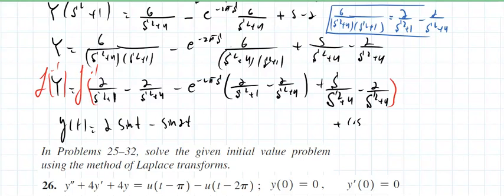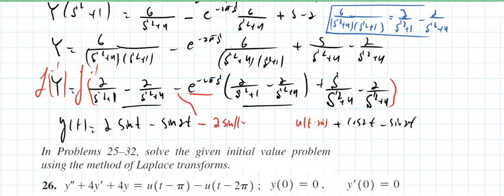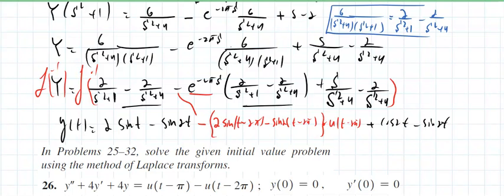This will be the cosine of 2t minus the sine of 2t, and this should be the same as those, except that's going to be twice the sine of t minus 2 pi, that's the same as t by the way, minus the sine of 2 times t minus 2 pi. And that will be the solution.